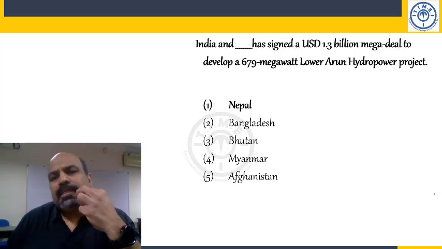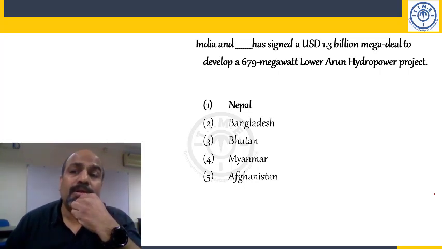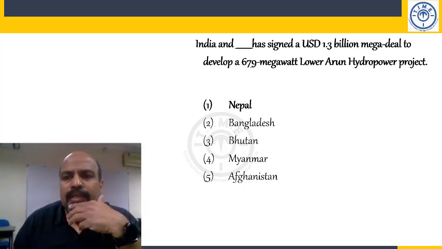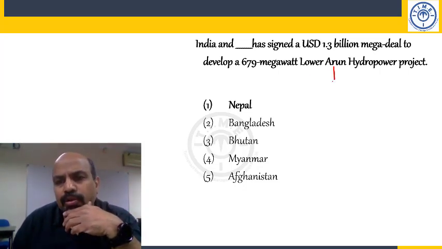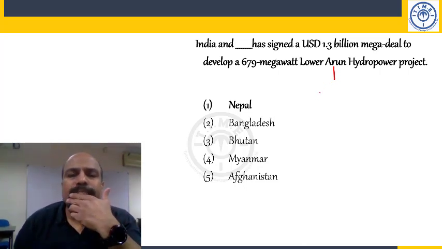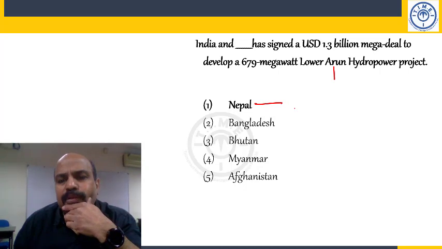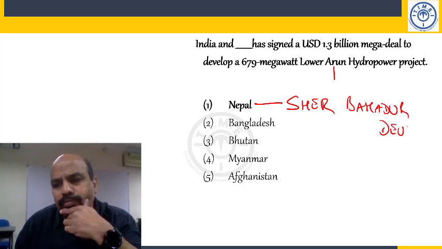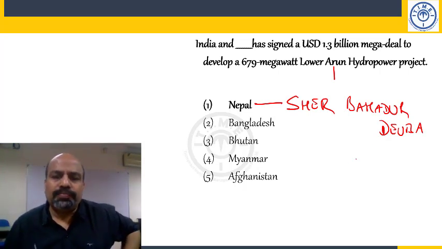India and Nepal have signed a USD 1.3 billion mega deal to develop the Lower Arun hydro project, built on river Arun. Nepal's Prime Minister is Sher Bahadur Deuba.